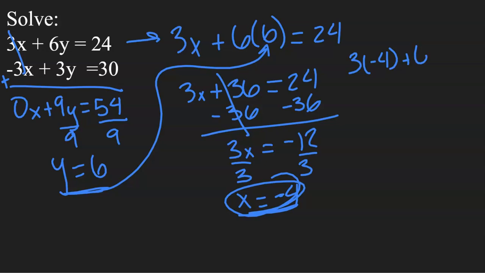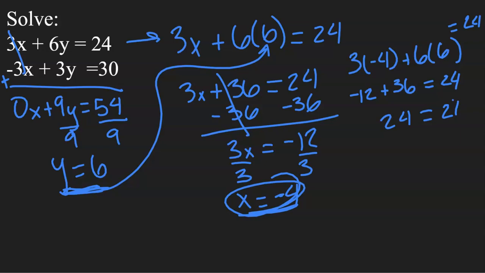And then plus 6 times y, which our y is 6. And that equals 24. So 3 times negative 4 is negative 12. 6 times 6 is 36. And when you put this left-hand side together, you will get 24 equals 24.